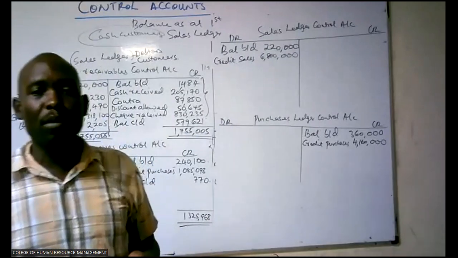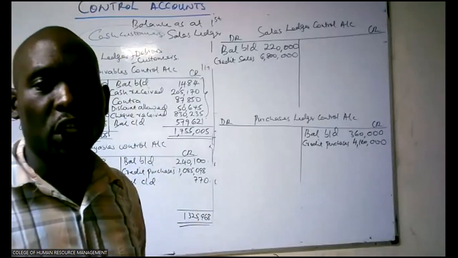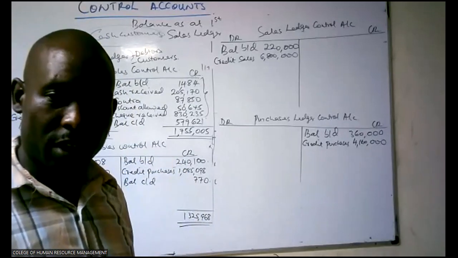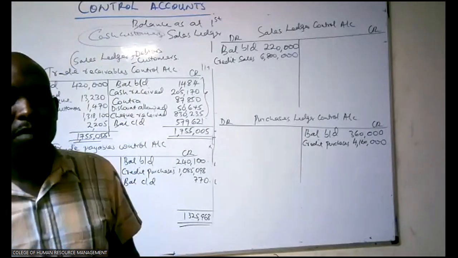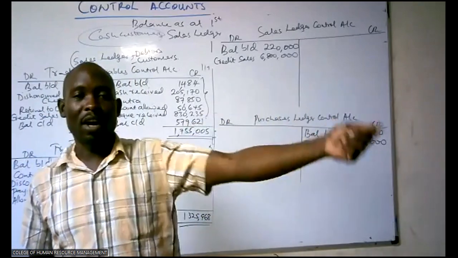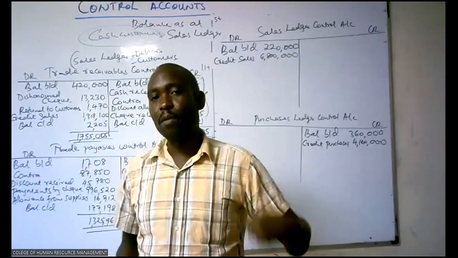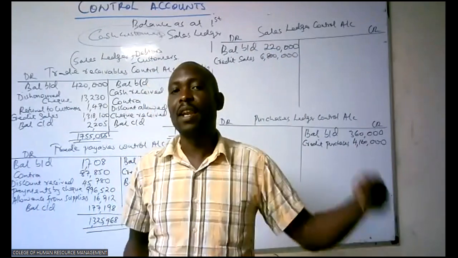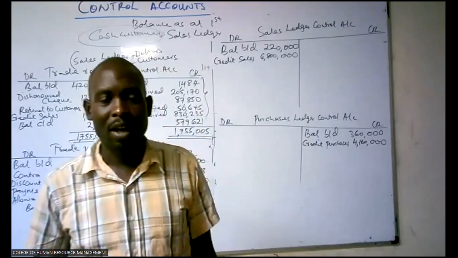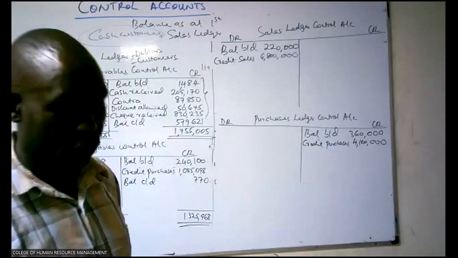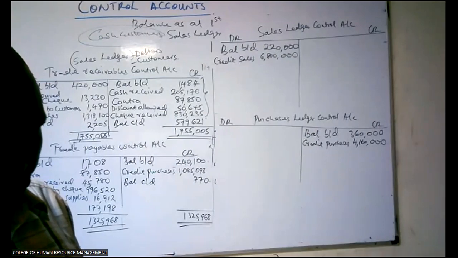If there is a refund to them, it does not affect debtors. Anything to do with cash. Remember, we had sold goods to them on cash, and therefore they were not debtors. So when we refund them, it does not affect the debtors' accounts because they were no longer debtors. You know that cash customers are not included in the control accounts.